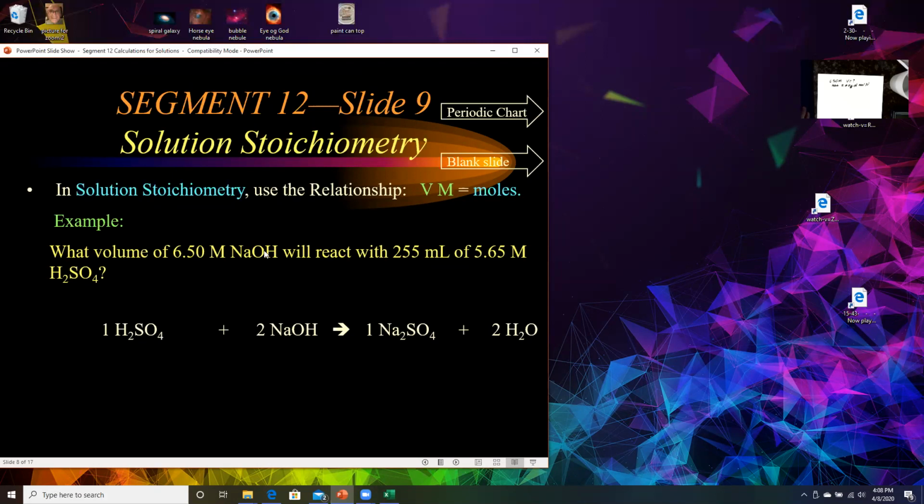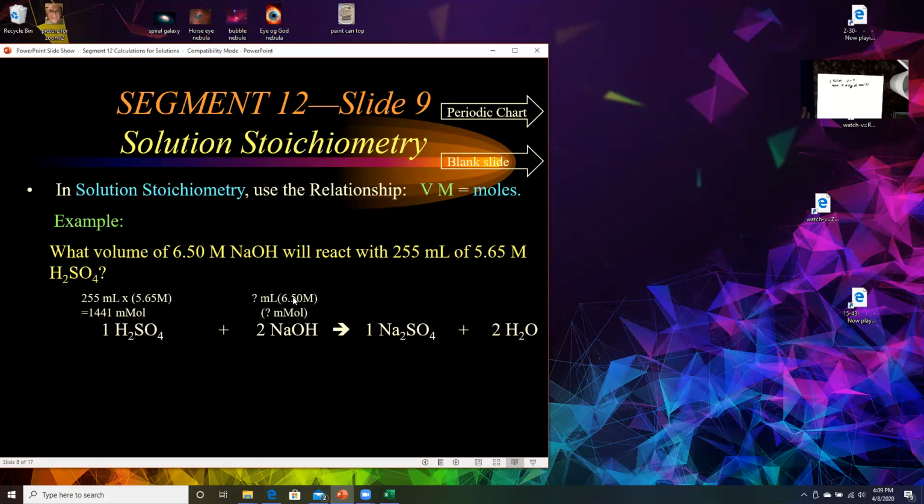So we've analyzed, we saw we needed the equation. Now, the volume of the sulfuric acid is 255 milliliters of 5.65 molar. So there it is. So volume times molarity is moles. That's 1,441 millimoles if you multiply those out.